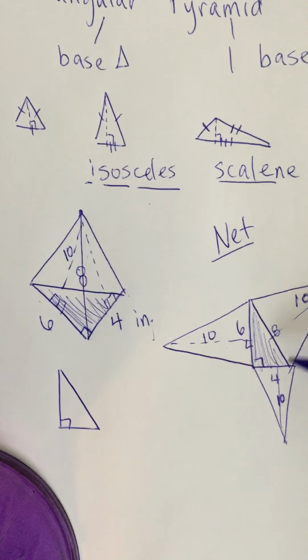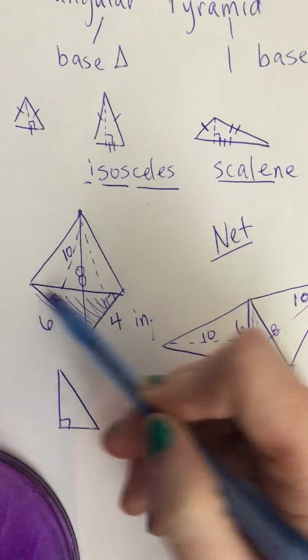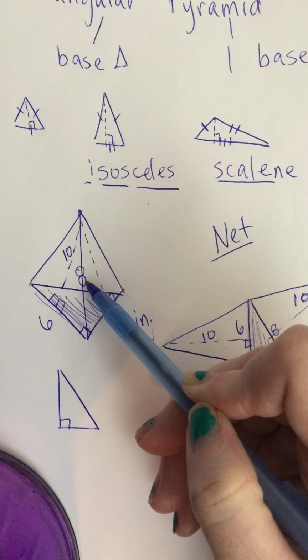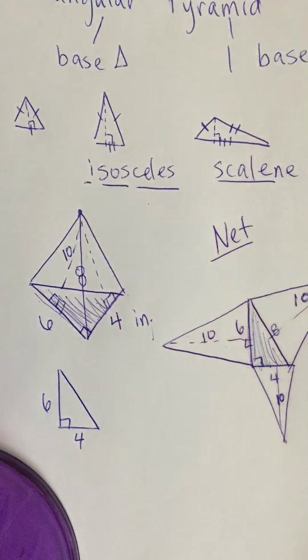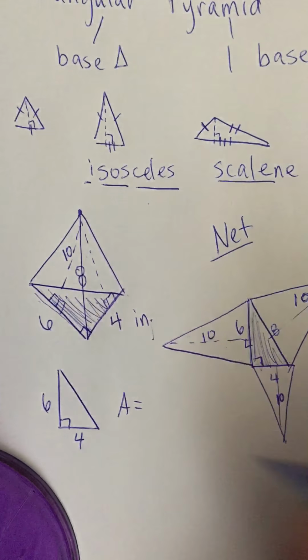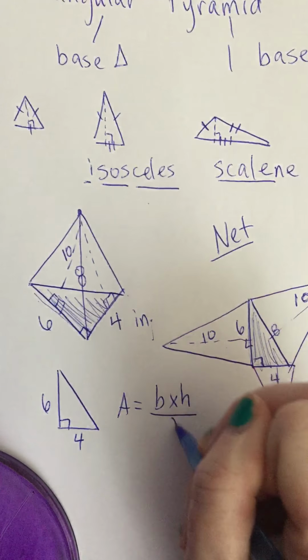Okay, and we have to look at what it is. So on the bottom is a 4, and then going up is a 6. Just like over here, it's a 4 with a 6. This 8 is not going to be important for finding the area of this, so we don't need that. Okay, finding the area of this triangle. Area equals base times height, but because it's a triangle, we have to cut it in half.